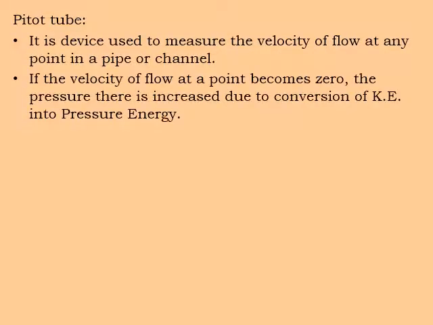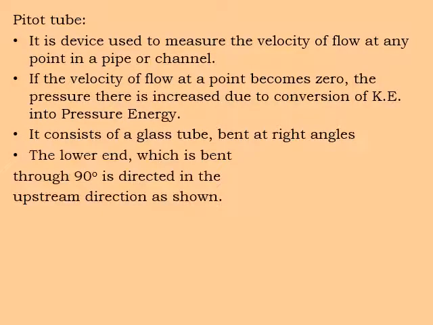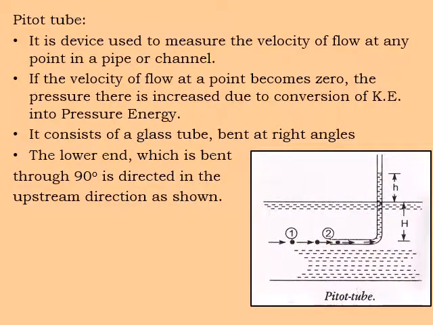If the velocity of flow at a point becomes zero, the pressure there is increased due to conversion of kinetic energy into pressure energy. The pitot tube consists of a glass tube bent at right angles. The lower end, which is bent through 90 degrees, is directed to the upstream direction of the fluid as shown in the figure.